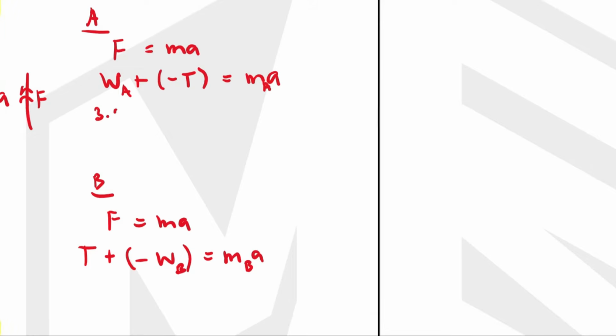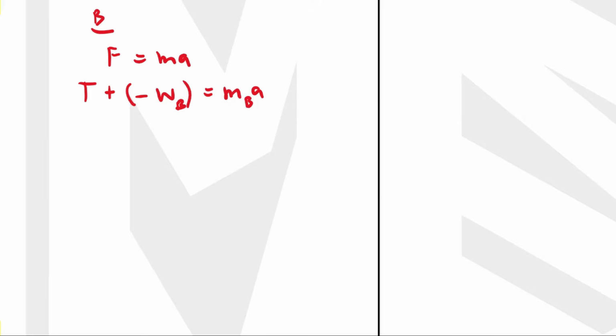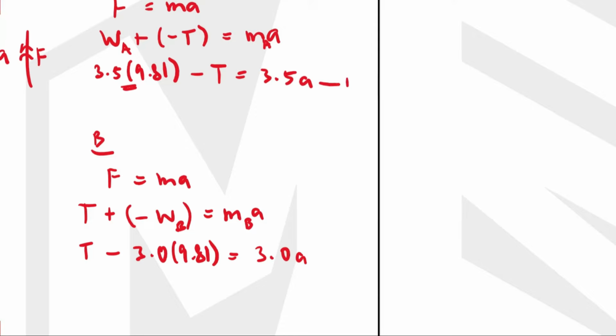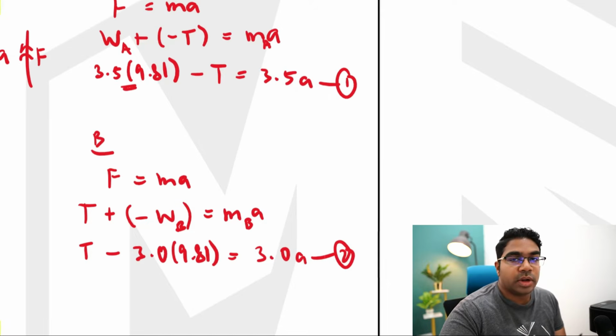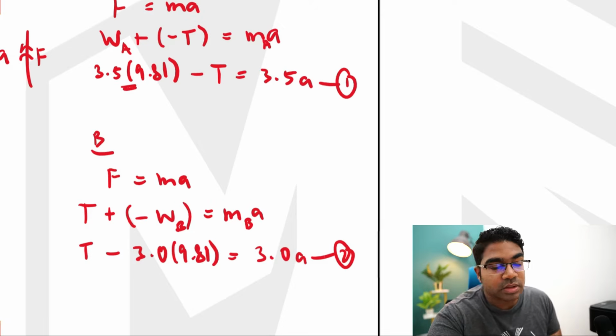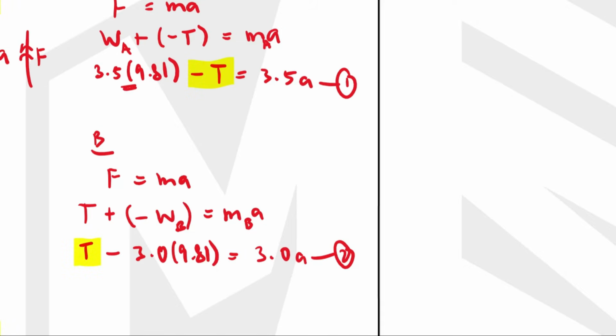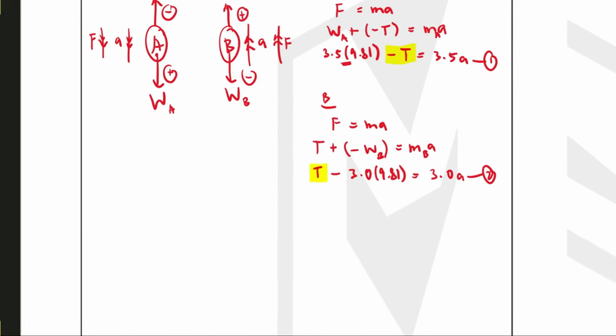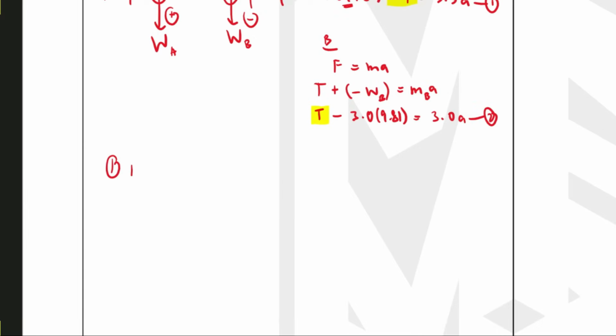WA will be 3.5 times 9.81 minus T equals 3.5a. Here W is mg as we've been doing earlier. And then this one, it will be T minus 3.0 times 9.81 equals 3.0a. Now we have our two equations, 1 and 2. We have two equations, two unknowns, so we solve by simultaneous equation. Since we have negative T and positive T, all we have to do is add the two equations. So I'm going to do 1 plus 2.